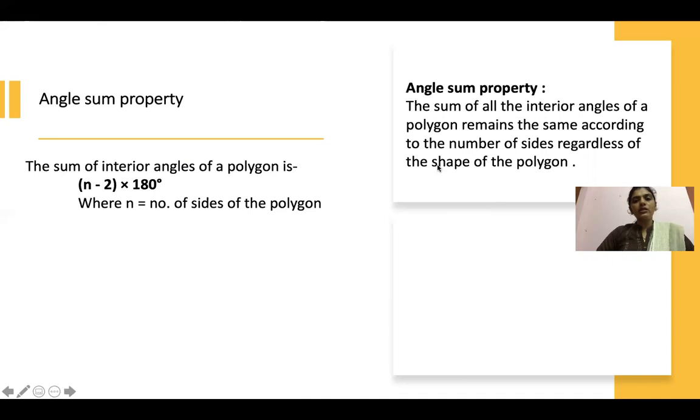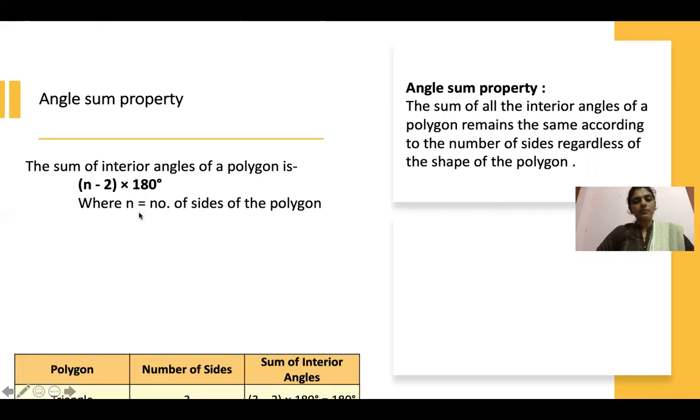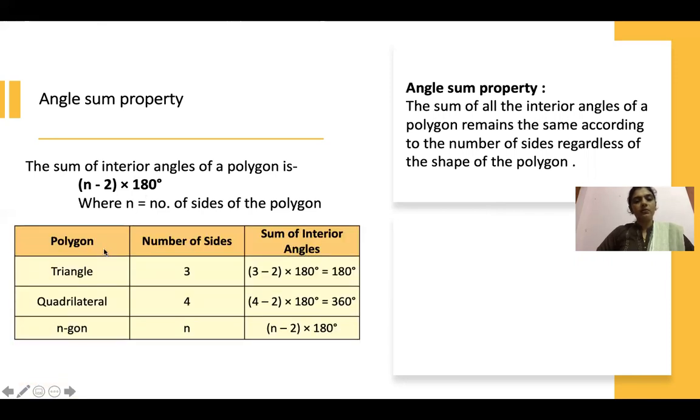Now, if we know the number of sides of polygon, we can easily calculate the sum of interior angles. For n-sided polygon, we have n minus 2 into 180 as the sum of interior angles. So here are some polygons. If we put this value in this formula, we can easily calculate the sum of interior angles.